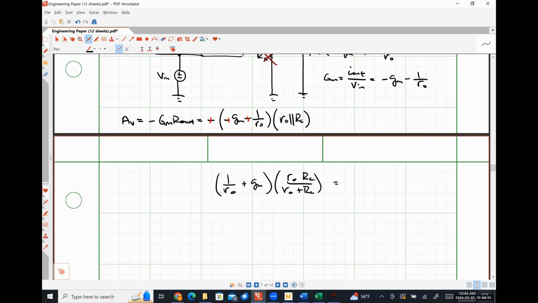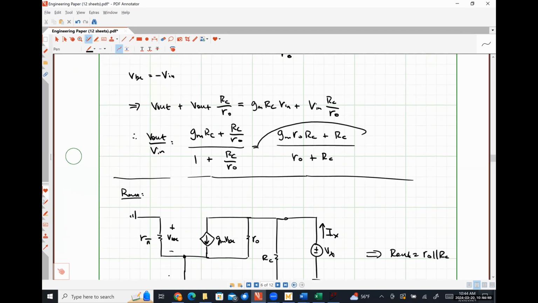Is going to look like RC divided by R naught plus RC plus GM R naught RC over R naught plus RC, which I'll be damned is the exact same thing.